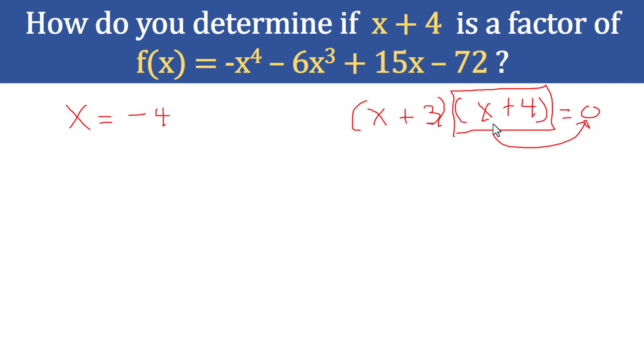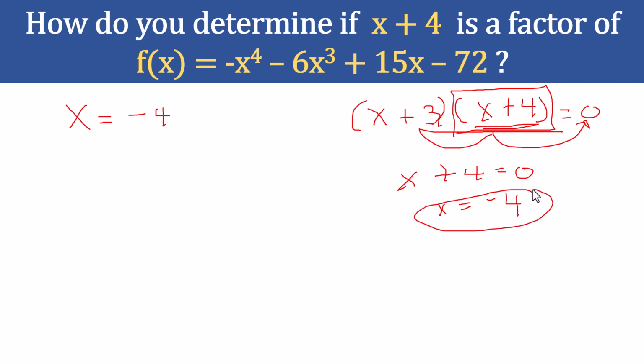Because if this part is equal to 0, 0 times anything is 0. So we have a true statement. So if we set x plus 4 equal to 0, and we subtract 4 from both sides, we get x is equal to negative 4. That's where that x equals negative 4 came in.